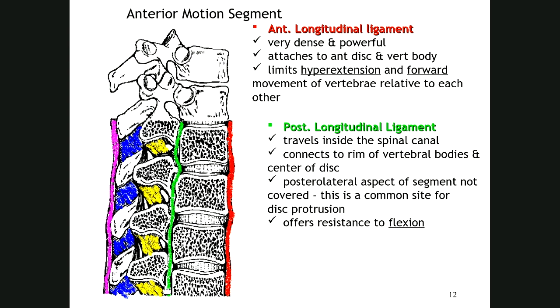The posterolateral aspect of the segment is really not covered by those ligaments. In this specific model, we have a posterolateral disc herniation. This is the most common form of herniation because this portion is covered by the anterior longitudinal ligament, and the inside portion is covered by the posterior longitudinal ligament, but there's really nothing helping the lateral aspect, so the disc only has one way out.